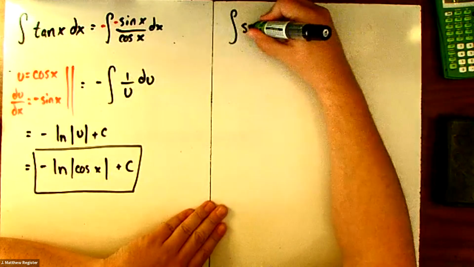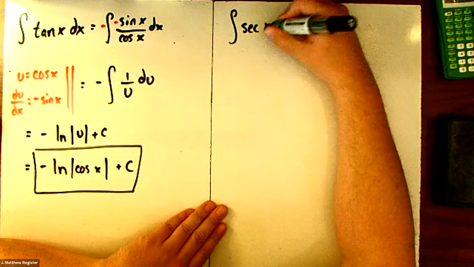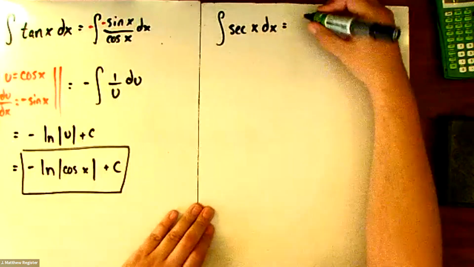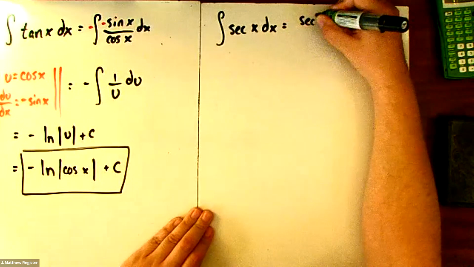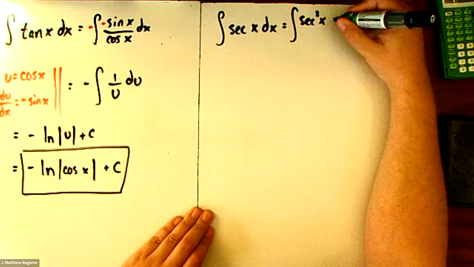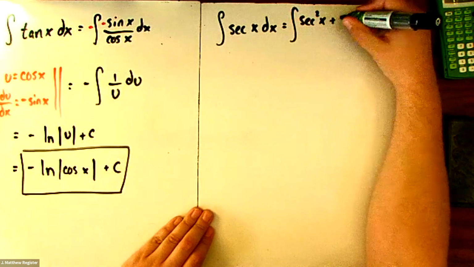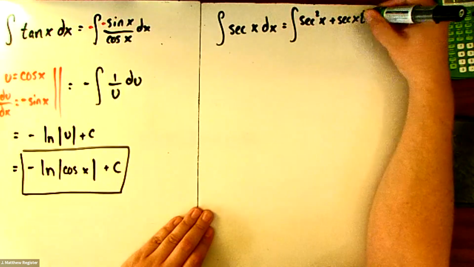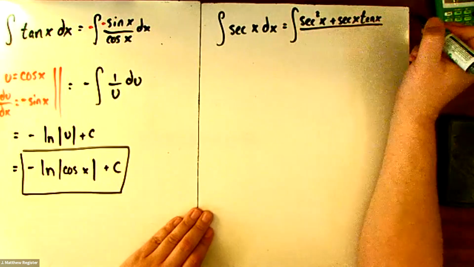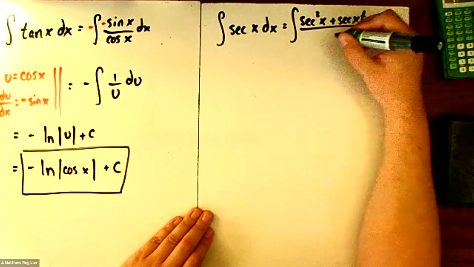Let's say the integral of secant of x, and we're going to rewrite this as the integral of secant squared of x plus secant x tangent x over secant x plus tangent x.